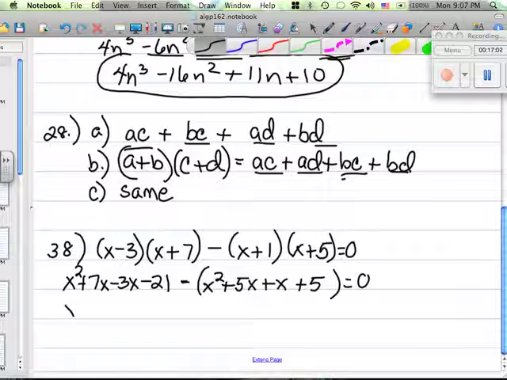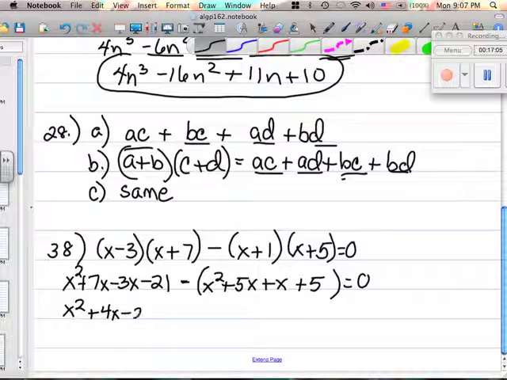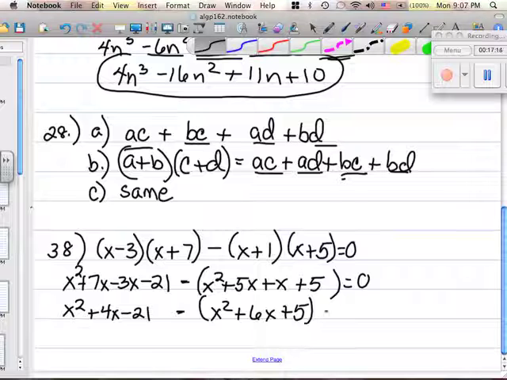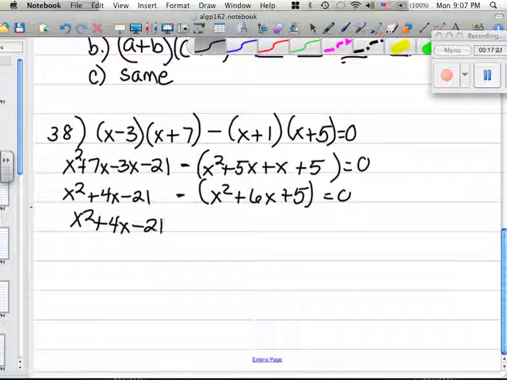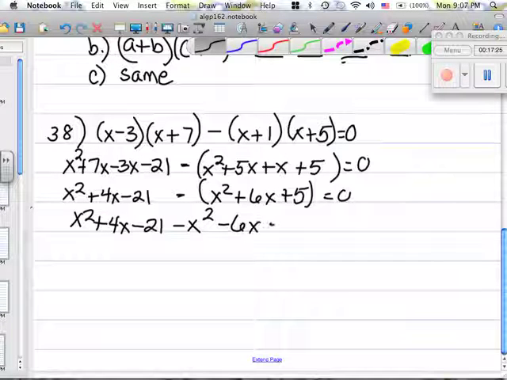Simplifying, this is x squared plus 4x minus 21 and this is minus the quantity x squared plus 6x plus 5. Now take the opposite of everything in that second polynomial, and we get x squared plus 4x minus 21 minus x squared minus 6x minus 5.